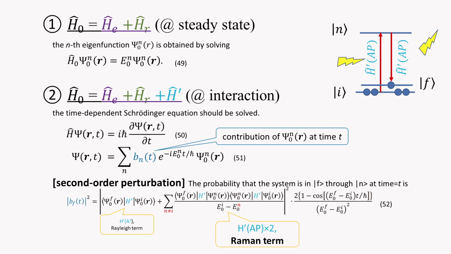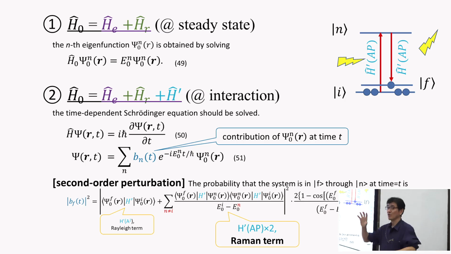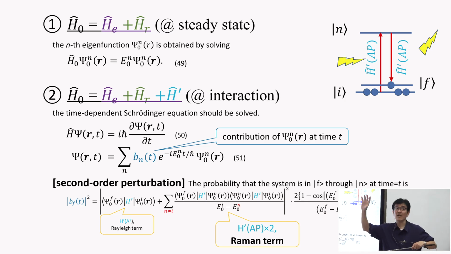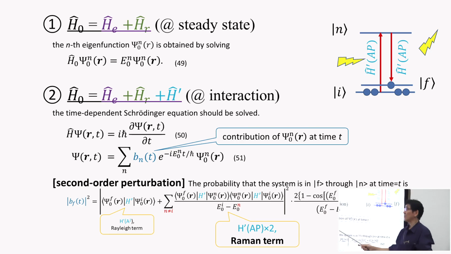Then let's move to the interaction part. In this case, the Hamiltonian should also include the interaction Hamiltonian, right? Because of this term, the status of the molecule, or the wave function, changes time by time. For this reason, we need to solve the time-dependent Schrödinger equation.